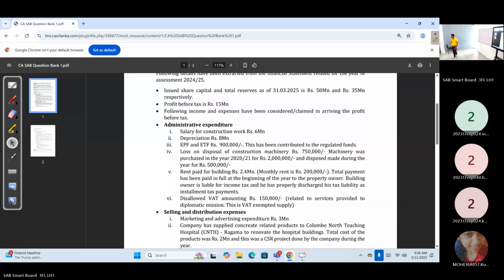Sales proceeds: how much? 500,000. This is machinery. Cost, 2 million.